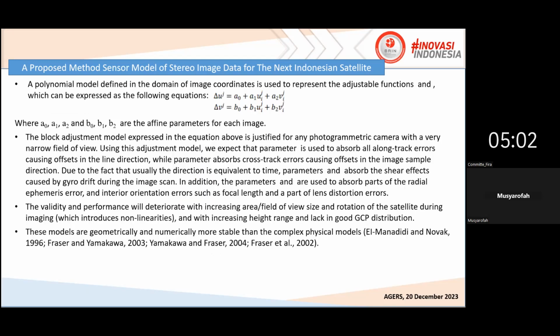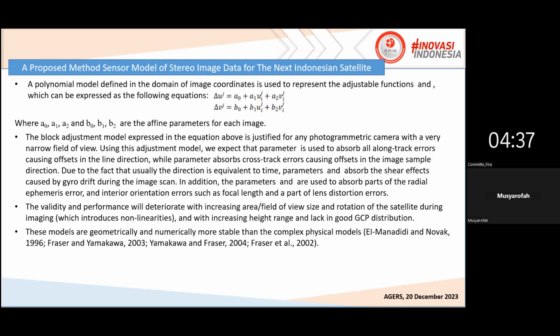A polynomial model defined in the domain of image coordinates is used to represent the adjustable function, which can be expressed as the following equation, where A0, A1, A2, B0, B1, B2 are the affine parameters for each image. The block adjustment model expressed in the equation above is justified for any photogrammetric camera with a very narrow field of view.